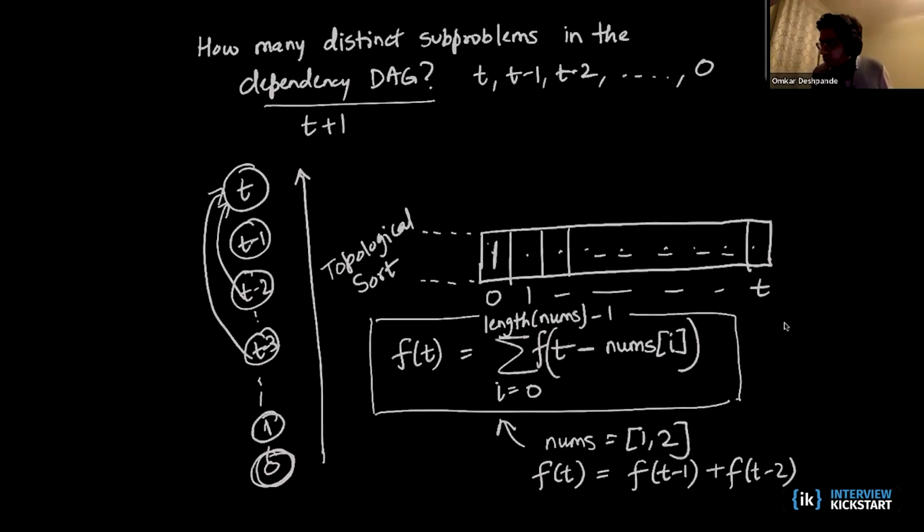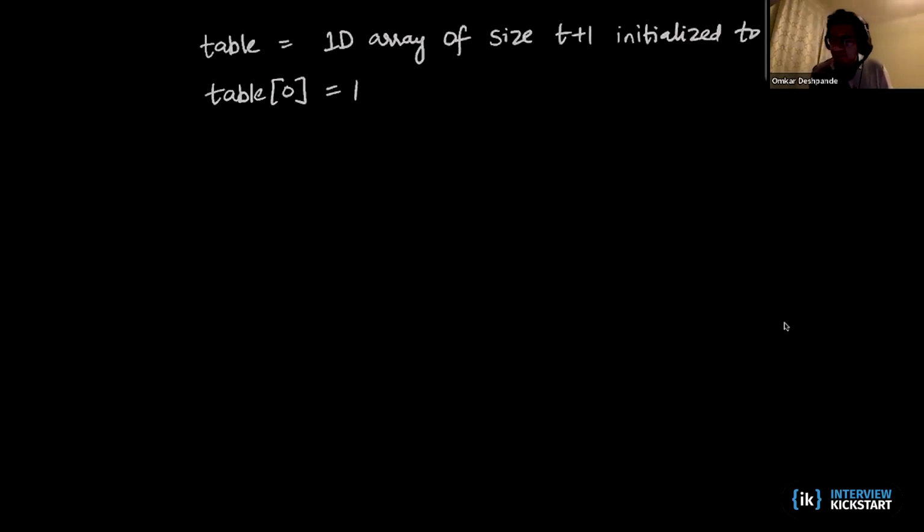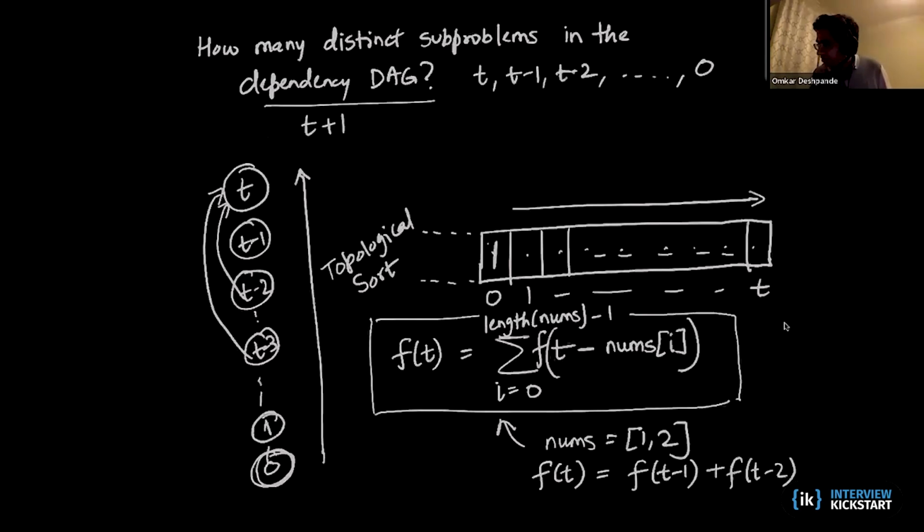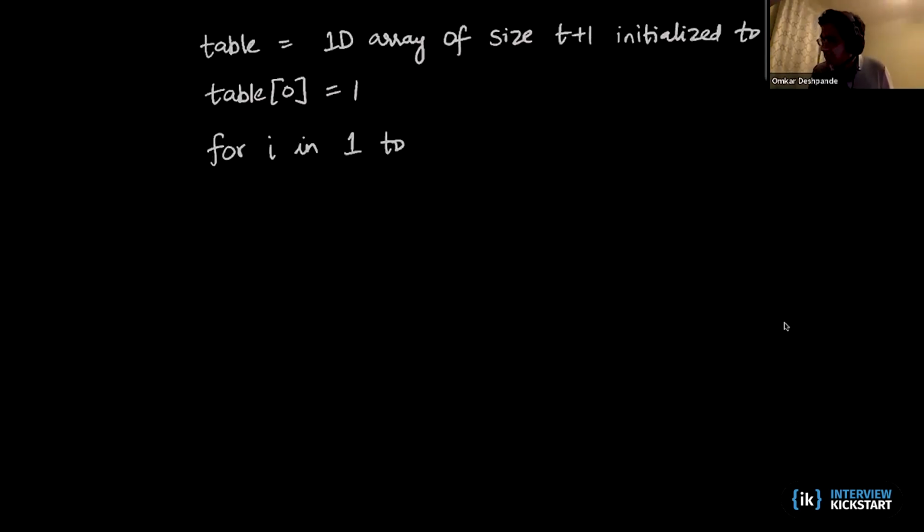And then we have a loop that is going to traverse the subproblem DAG in topological sort order. So we'll have i varying from 1 through T, the final target amount.